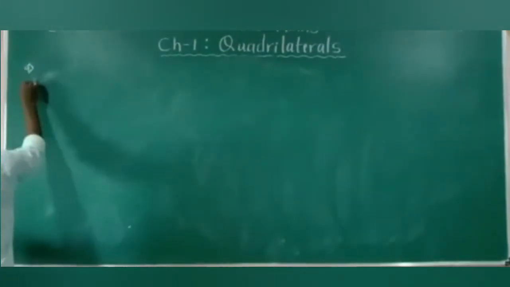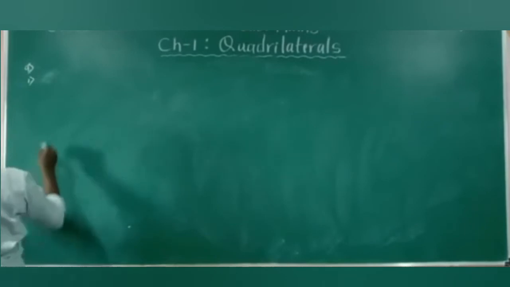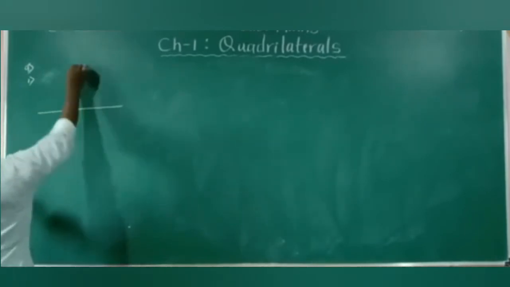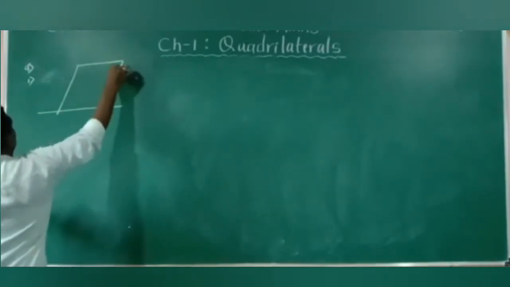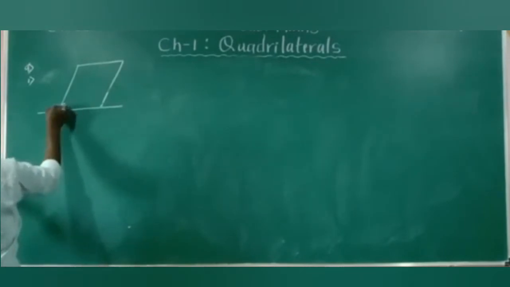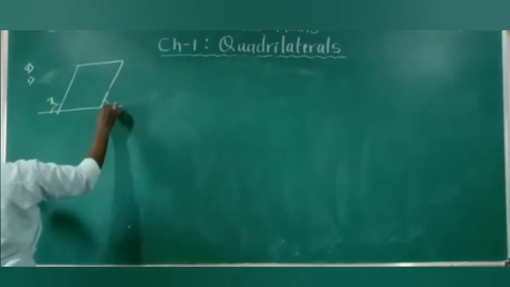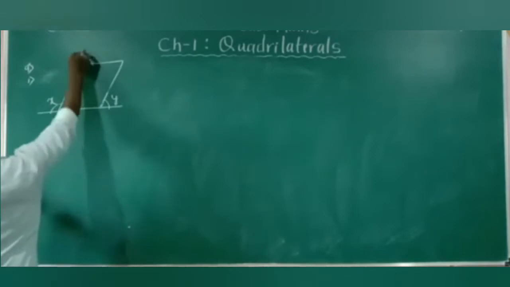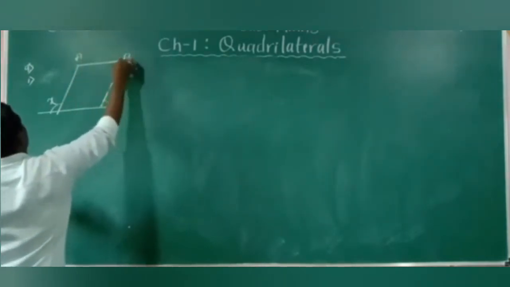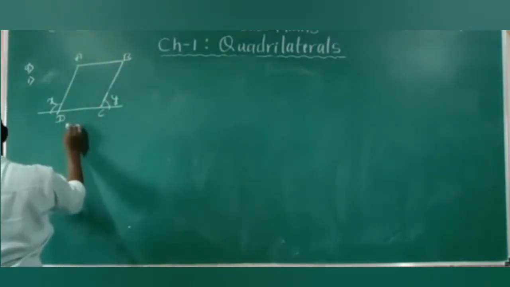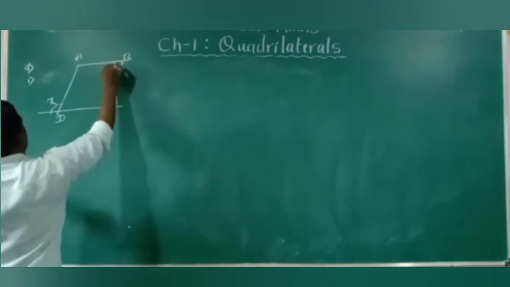Okay, 9th one. In that first one, the figure is like this, right? So this angle is x and this angle is y. A, B, C and D. Angle is 60 degree.